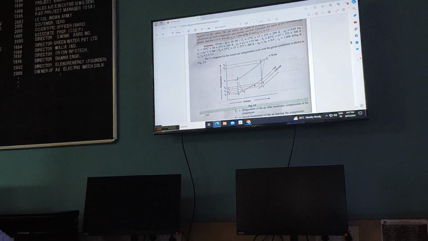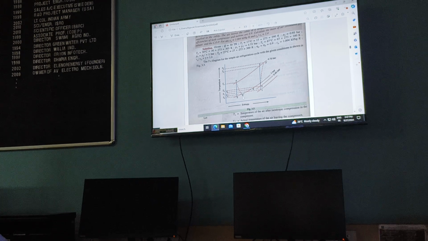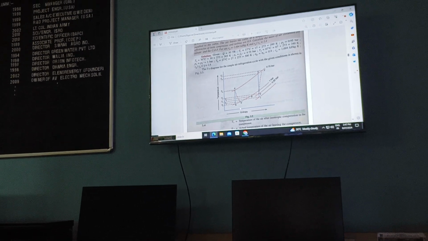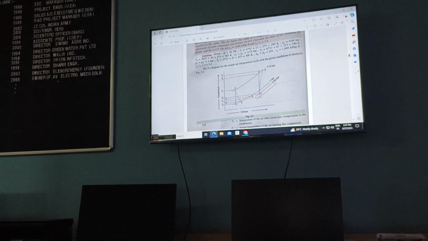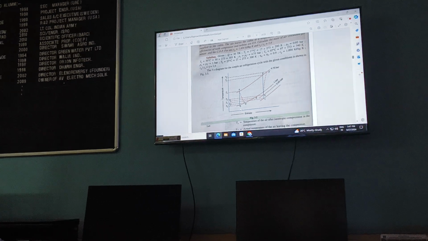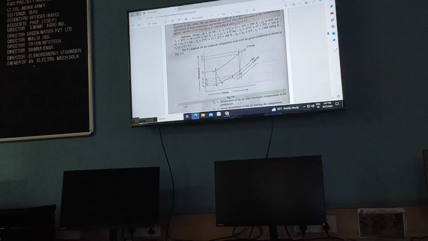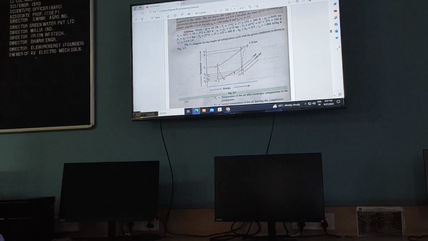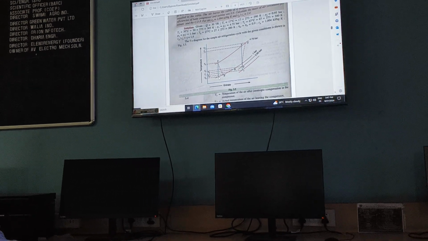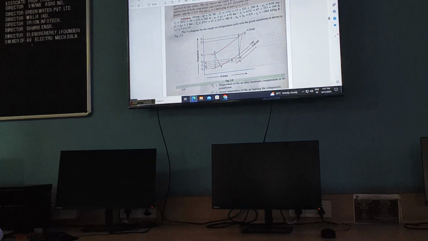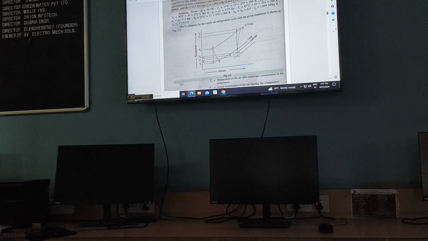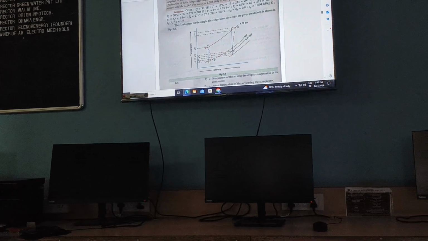Now here, look at this 4 to 5 and 4 to 5 dash. Which is longer? 4 to 5 is longer, right? This line is going up. Don't look at the length of the line, just look at the position of the point. Let me take my words back. It is not about length, it is the position of the point.